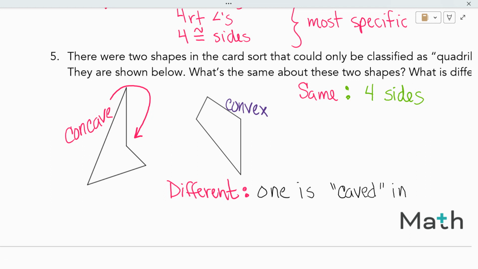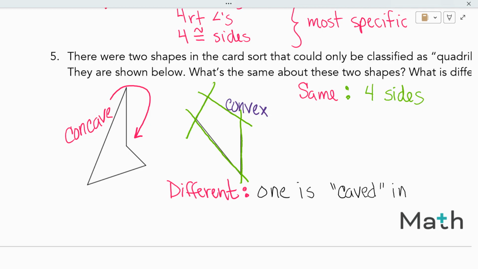If I were to pretend that I had a ruler, and I just took every line segment and extended it, I'm just going to make these a little bit longer, extend my lines a little bit, extend my lines a little bit, extend my lines a little bit. No matter how long I make my lines, do the lines ever go inside of the shape?